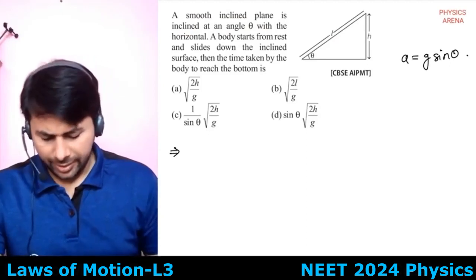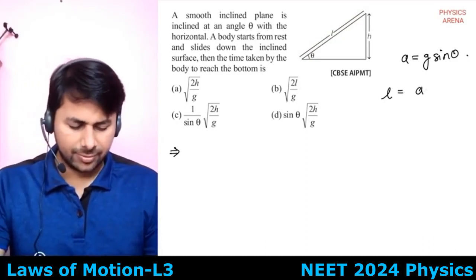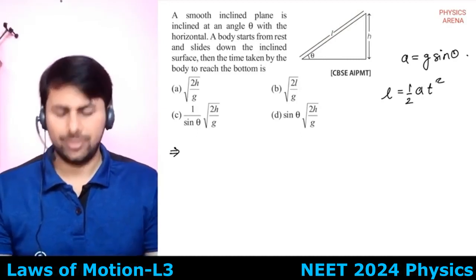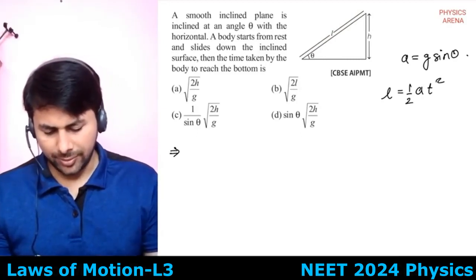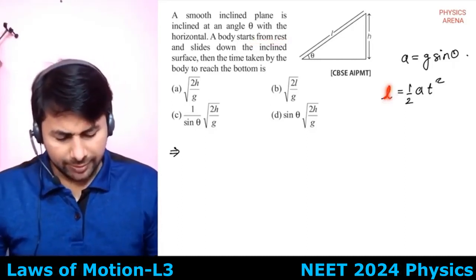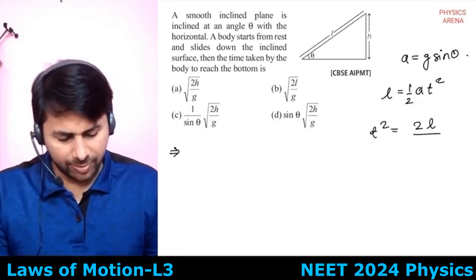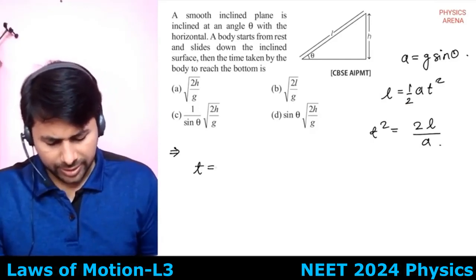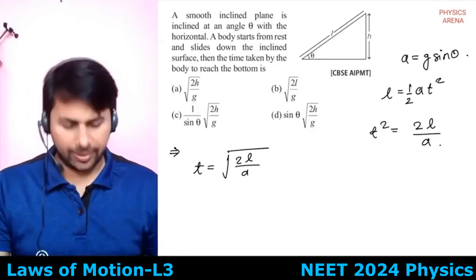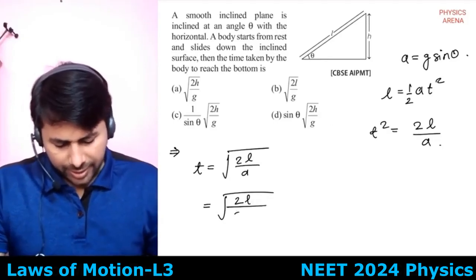And the displacement is L. So L is ut plus half at square. U is 0, body starts from rest. So L is equal to half at square, and therefore T square equals twice L upon a, or T equals square root of twice L upon a. We want to find out this time, so twice L upon g sine theta.